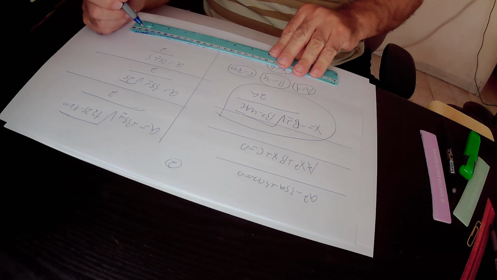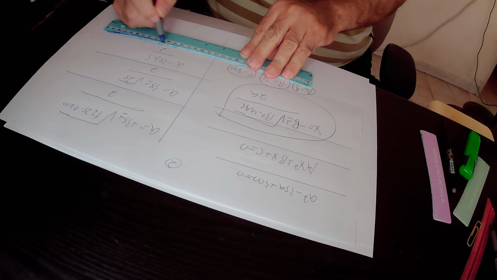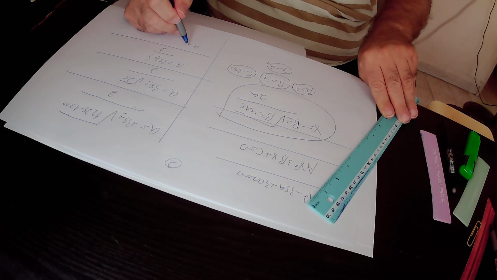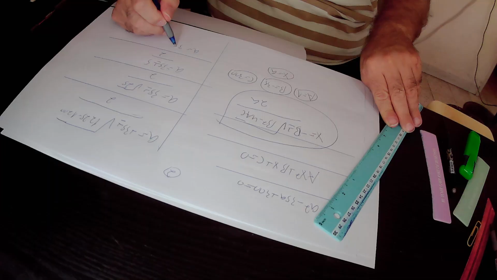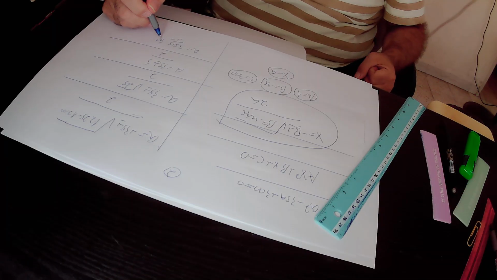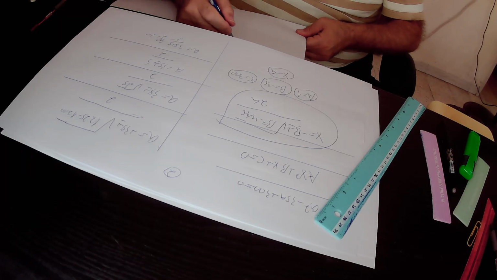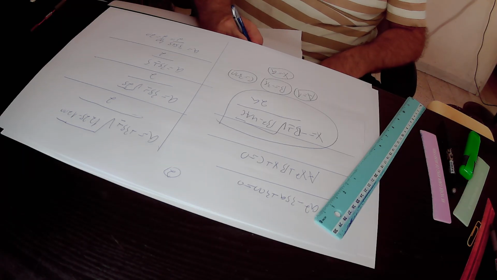So here we have two possible solutions for a. The first solution for a is a equals 35 plus 5 over 2. 35 plus 5 is 40, and 40 over 2 is 20. So the first solution for a is that a equals 20 units in length.